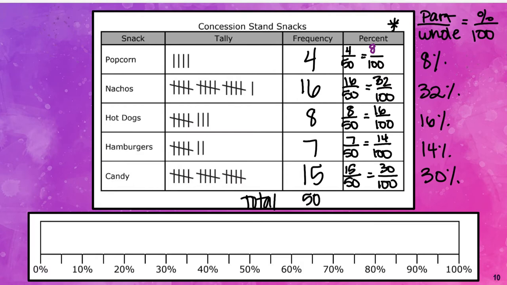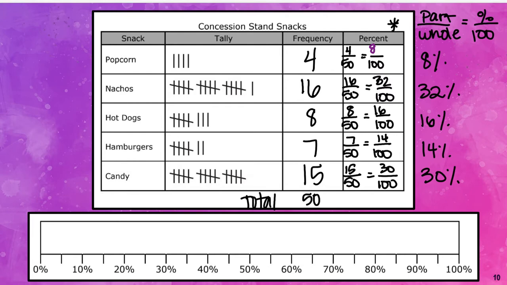Notice I used the same mathematical relationships every time. I was using equivalent ratios, and since my denominator stayed the same, because my total stayed the same, I multiplied both the numerator and the denominator by 2 to find all of my percents.